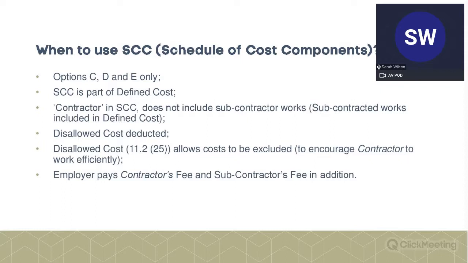So the schedule of cost components looks at the base costs, and hopefully when we look at it, you'll get a clear picture of how it works. And then the fee percentage, which is basically overhead and profit. Again, we'll look at that in more detail later. But the overhead and profit is set out as a percentage in the contract data part 2, and that's added to those costs.